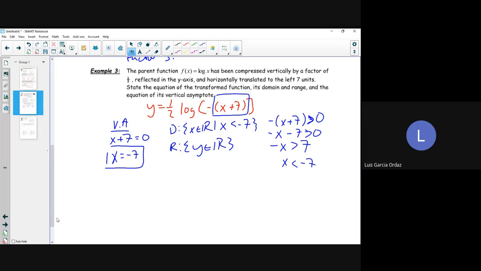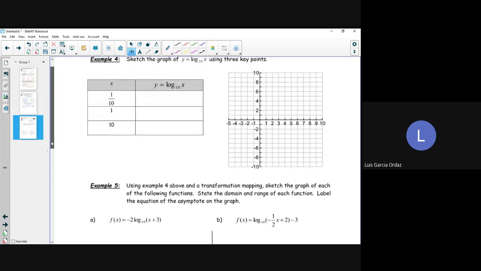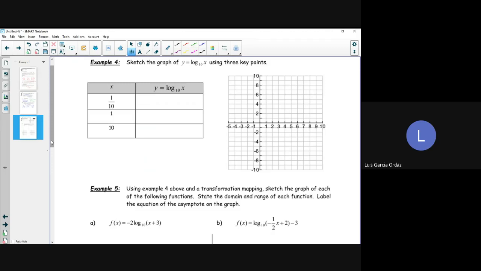All right, so we just have 2 more examples, and then you guys are free to go. So we want to sketch the graph of y = log(10x) using 3 key points. So this is where you can use your calculator.